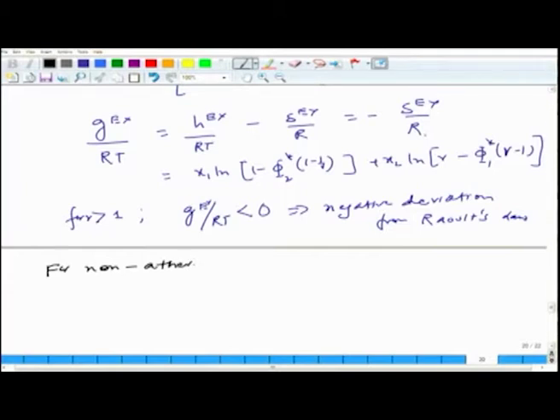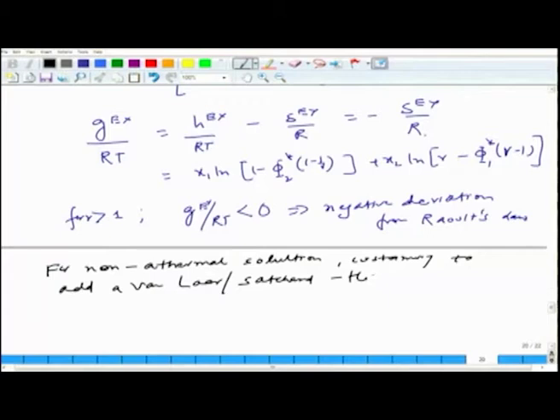So let me write down here, for a non-athermal solution, it is customary to add a van Laar or Scatchard-Hildebrand term.